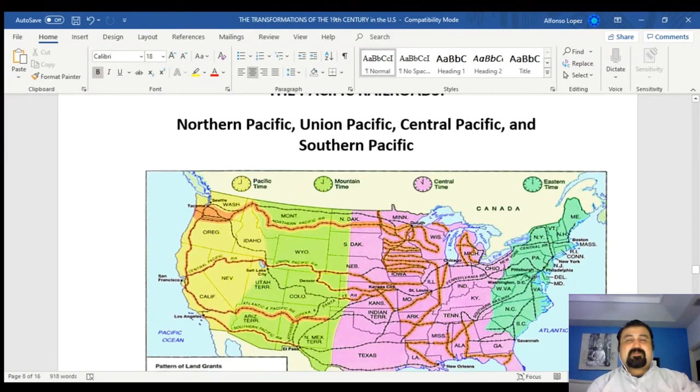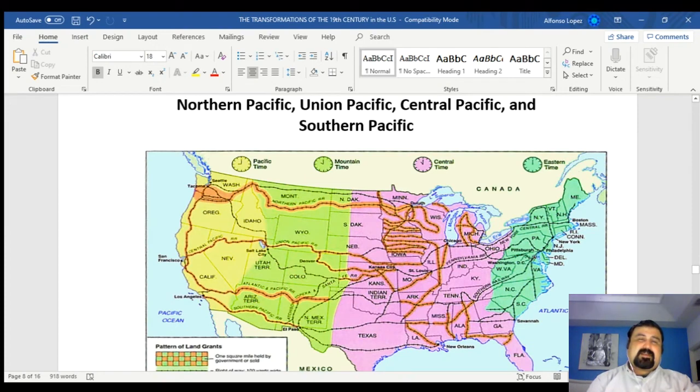The Pacific Railroads, created by the Pacific Railroad Act in 1862, created four railroad companies. One was the Northern Pacific. The other one was the Union and Central Pacific. The Union and Central Pacific were commissioned to build a railroad through the central portion of the country. Okay. So the Union and Central Pacific are working together, if you will, to build a rail line across the midsection, the central portion of the country.